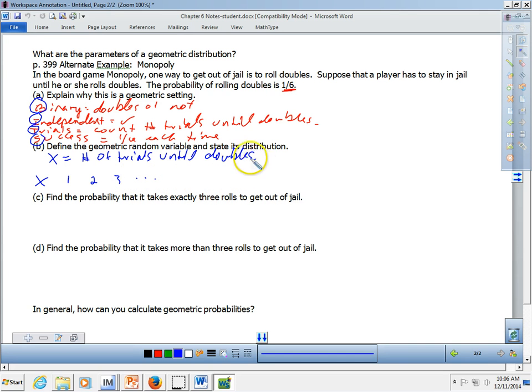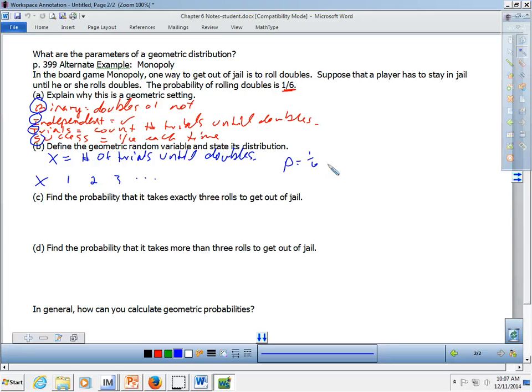So when we talk about stating its distribution, then we need to have the probability, and that's really the only parameter that we need. So in this case, x is the number of trials until it doubles. It's a geometric random variable. Its distribution is basically all of these values, and the probability of a success every time you do a trial is 1 in 6.